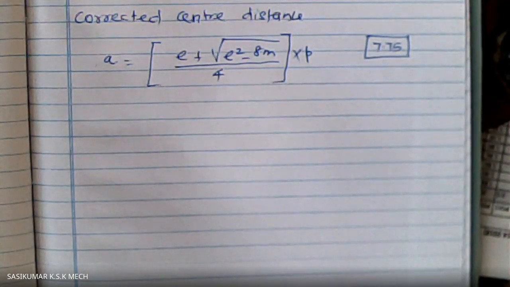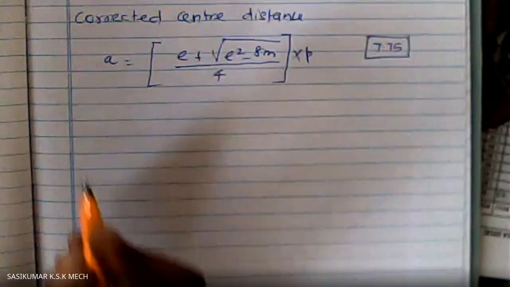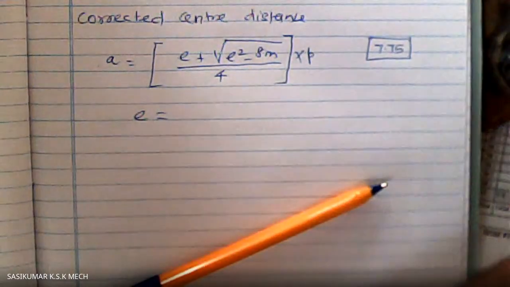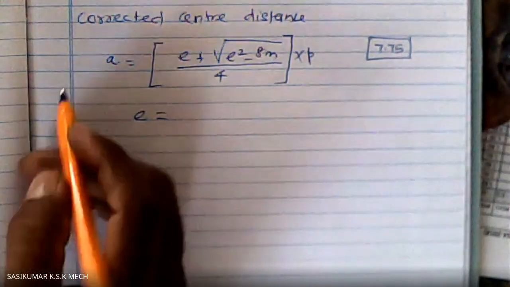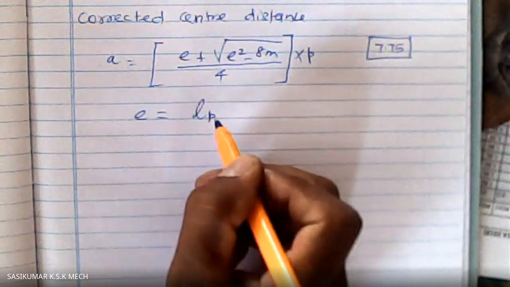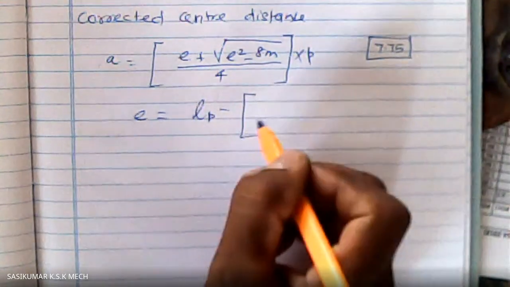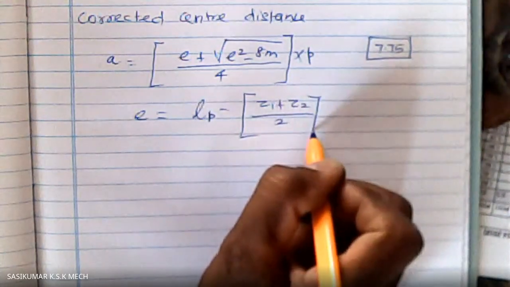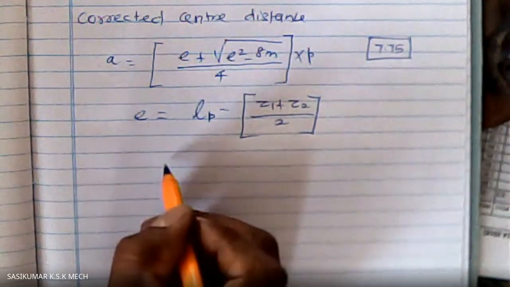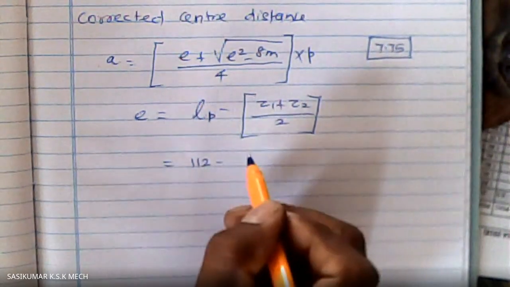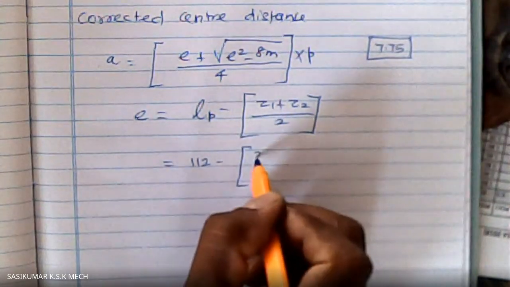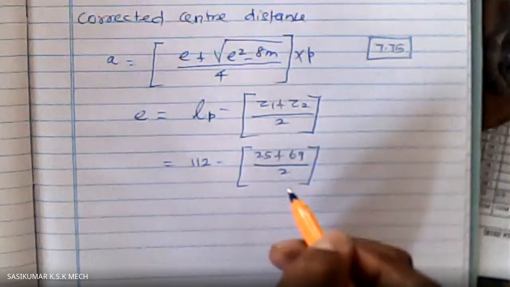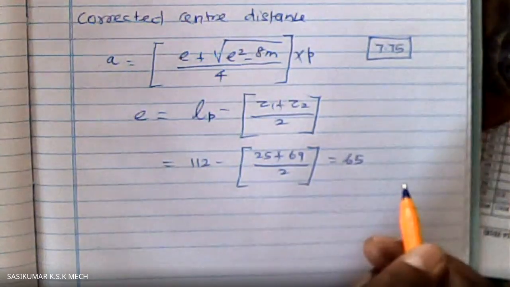Okay, and for E, it is LP minus (Z1 plus Z2) by 2. So 112 minus (25 plus 69) divided by 2, that is equal to 65.